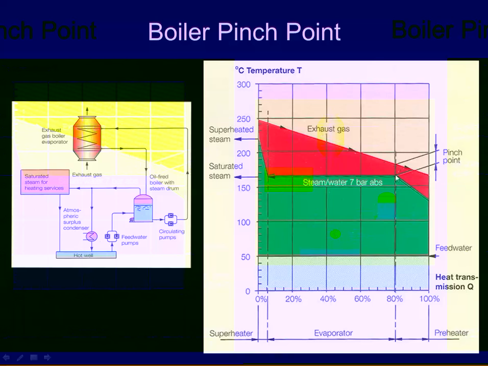Pinch point is where the delta T between the exhaust gas and the steam is at its lowest point. Now, I think you would agree I'm going to be transferring a lot more heat than I am down here. So we're going to pick up some heat here in the superheater, and we're going to pick up some heat here in the economizer. But as far as boiling steam, right where the delta T is the least, it's called my pinch point.